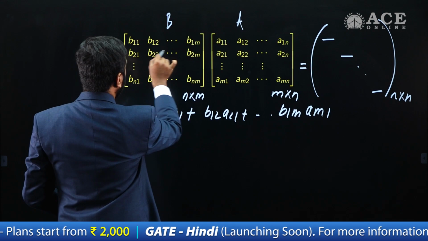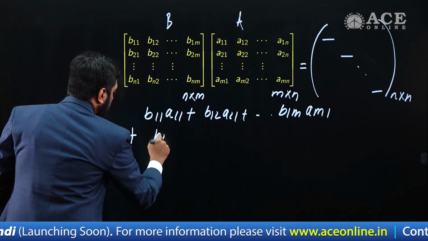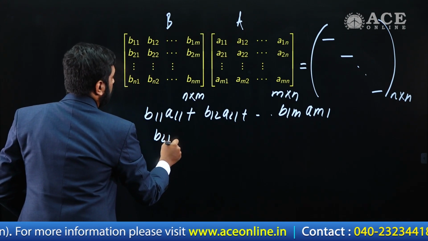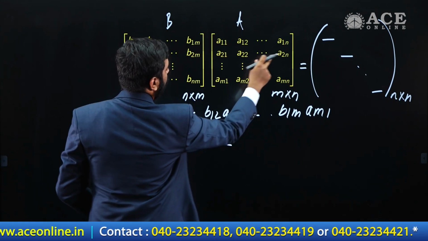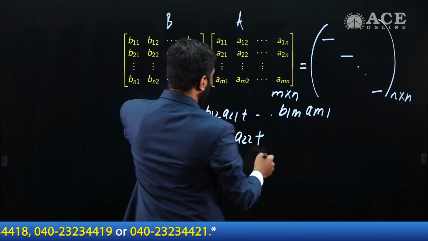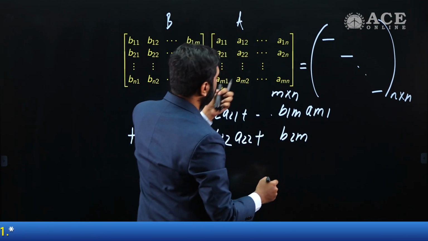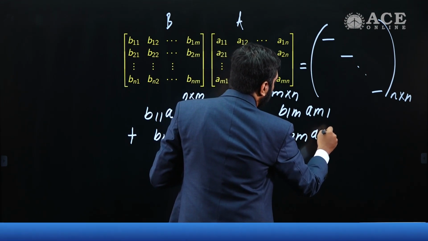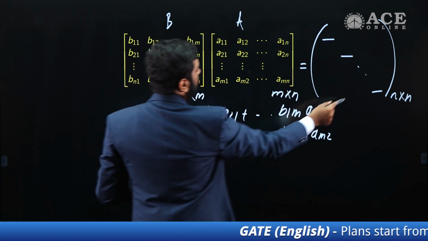For that, the second row multiplied with this second column. So what you're going to get is B21 into A12, and then B22 with this particular element, that is A22, plus so on, B2m with this element, that is Am2, right? That is this element, plus so on, and then this last element.